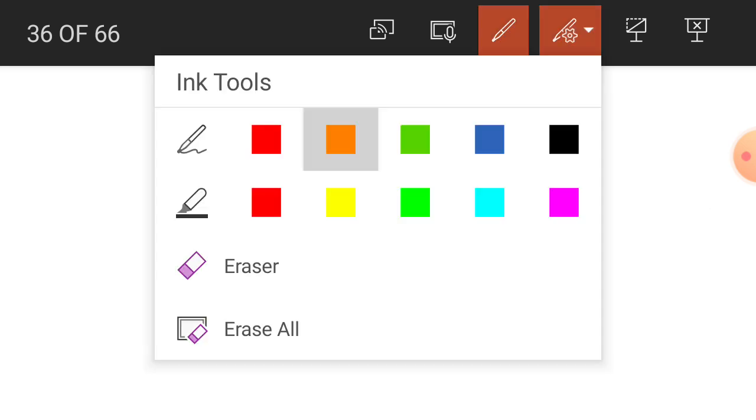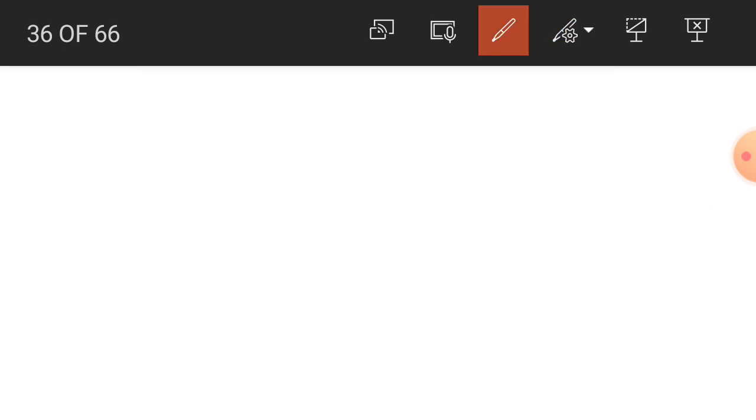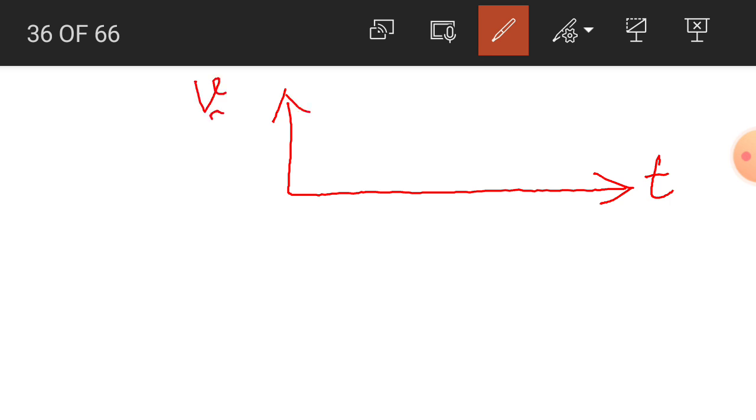So let me consider the line once again. We consider the straight line in region number 3 once again. We have got the time over here and we have got the voltage across the capacitor over here. And here is the straight line in region number 3.